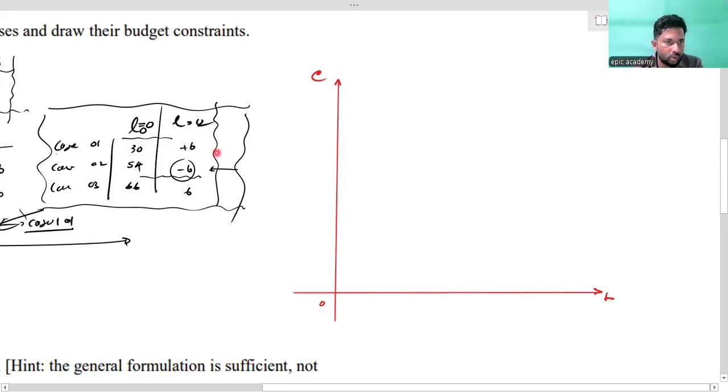First of all, go to the intercept level, right? So in here, case number 1, you already identified that when leisure becomes 0, consumption starts from the 30 value. Case 1.